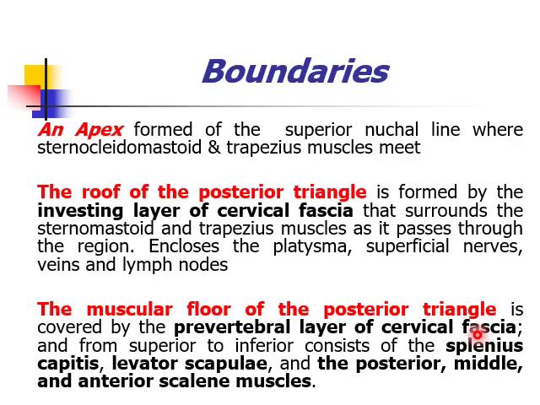So the floor of the posterior triangle is covered by the pre-vertebral layer of fascia, and this layer is covering a group of muscles. This group of muscles from down upward is scalenus anterior, scalenus medius, levator scapulae, and splenius capitis. This is the uppermost muscle present at the triangle.